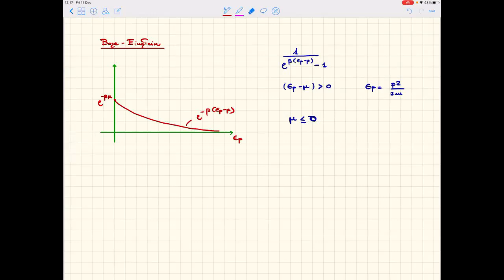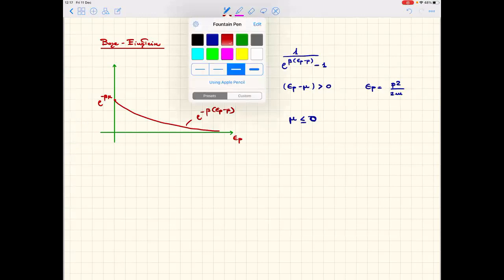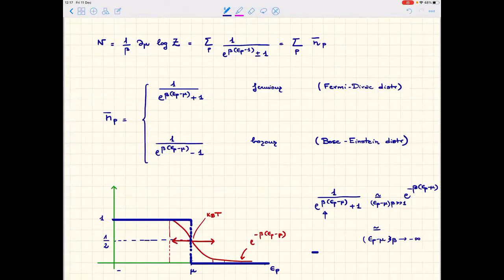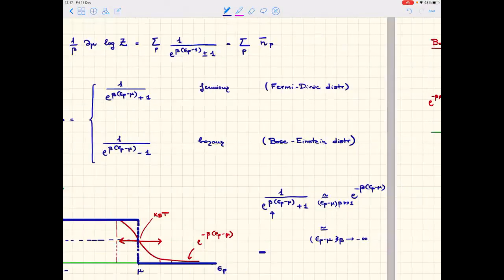Now, there are a couple of important things to notice. One thing is that these two distributions look pretty much the same.